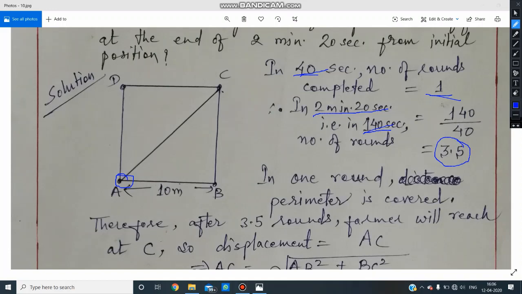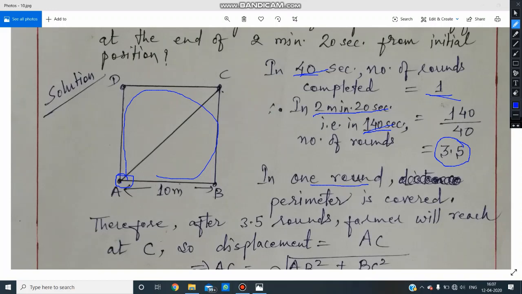Now, it's a very common idea you all have that in one round, the farmer will be completing the perimeter of the field. That is, starting from A, he will be coming back to A. This is the coverage of the perimeter.